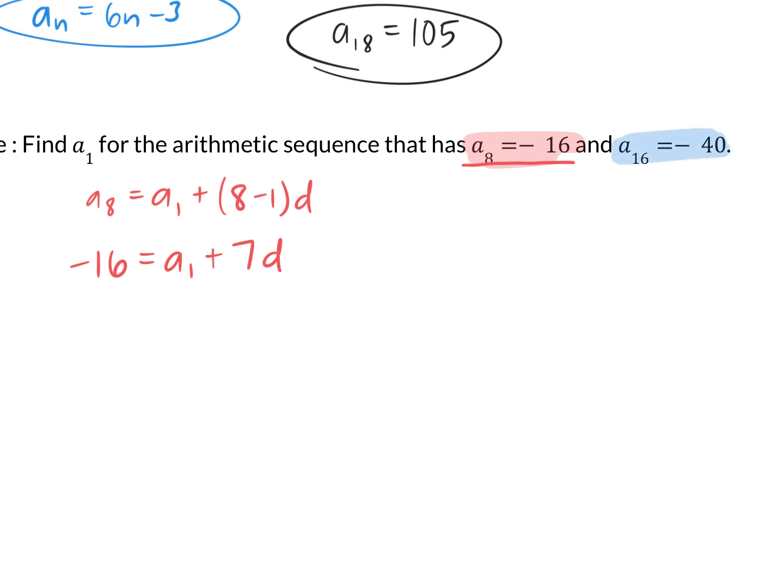Okay, now let's go do a sub 16. If I plug in 16, same formula, I get a sub 1 plus, my n value in this case is 16 minus 1 times my difference, which is d.